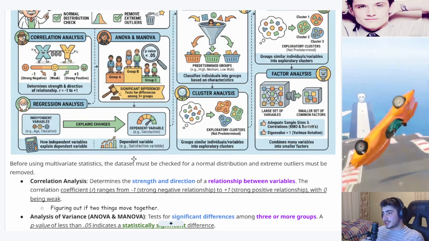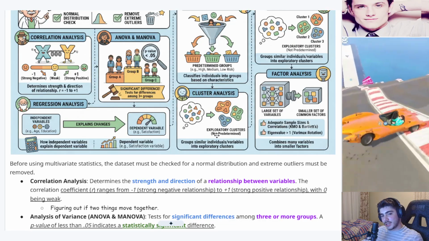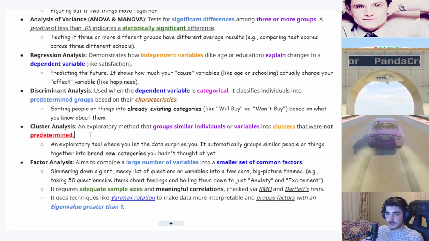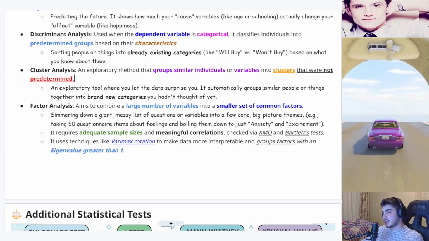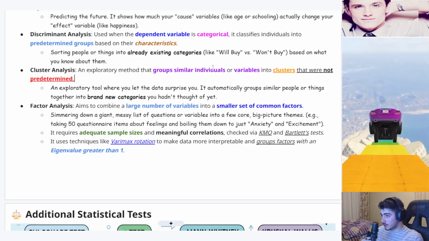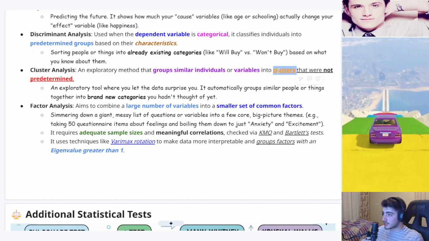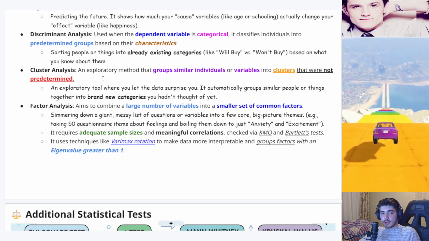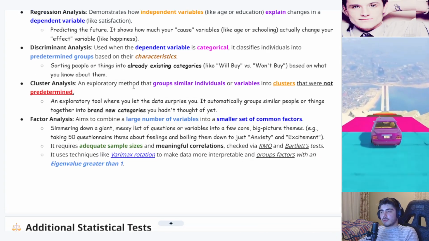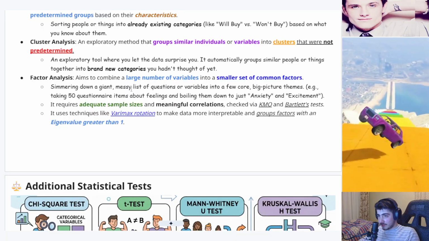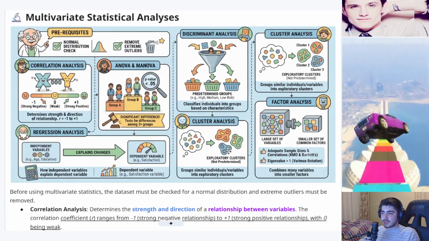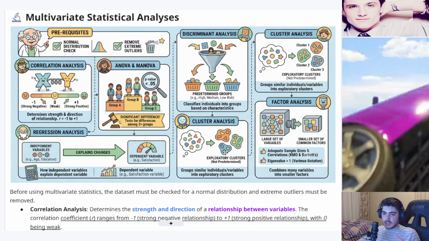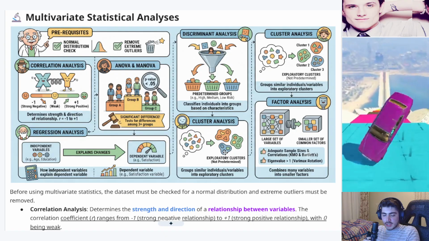There is also cluster analysis, which is when you don't have predefined groups. It is an exploratory method that groups similar individuals or variables into clusters that were not predetermined. So you don't know anything about your data set. You let the program run and see if it can find any similarities between data sets.